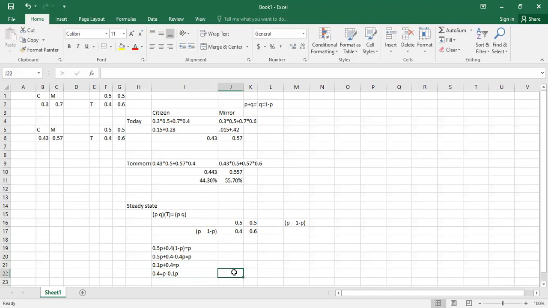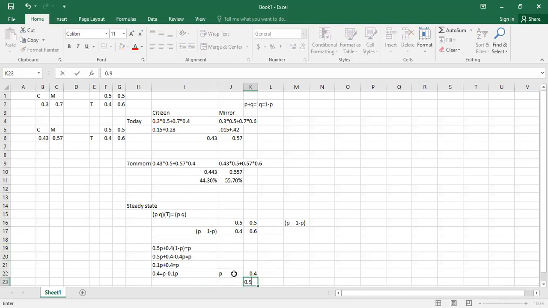So I can come here and say P will be equal to 0.4 divided by 0.9, isn't it?